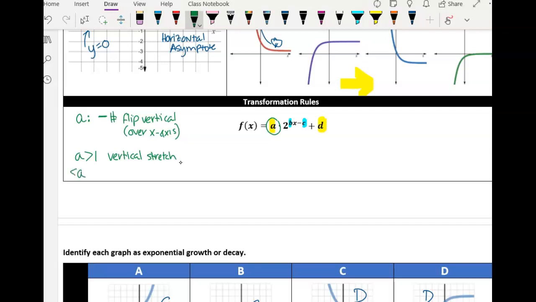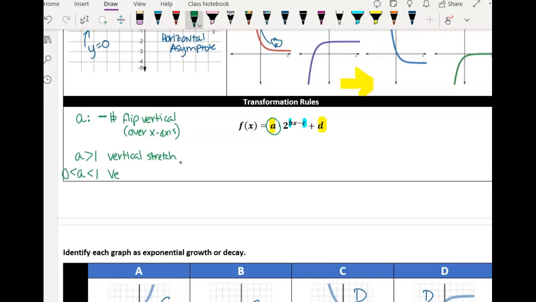Now, if our a value was between 0 and 1, and again, the reason I'm saying it's not just less than 1 is because remember the negative sign actually tells us if it flips. So basically if it's a fraction, right, it's less than 1 whole. This is where we're going to take our marshmallow and we're going to squish it from the top and bottom.